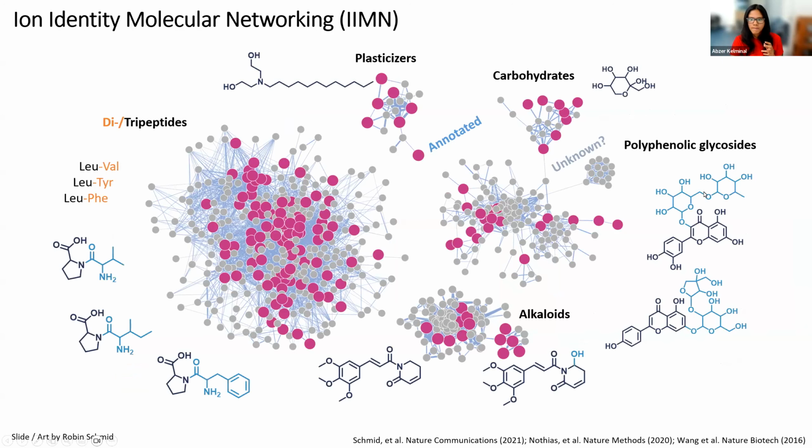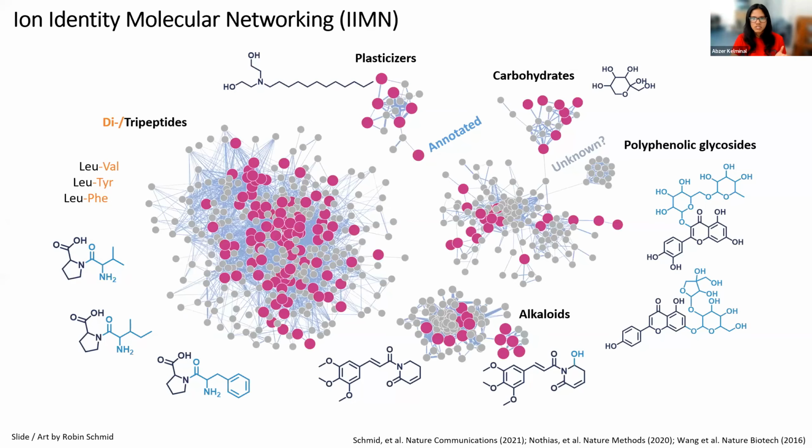As you can see, the colored ones represent the annotated ones, whereas the gray ones are pretty much the unidentified or not annotated ones. And these molecular networks are a great tool, as you could not just look into their similarity or these clusters of their classes, but you could also nicely identify or putatively identify the unknown compounds.